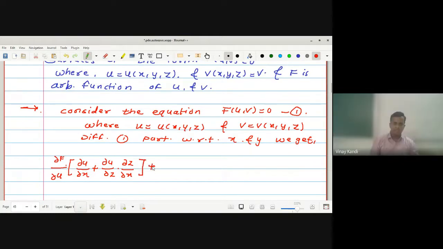Again, plus ∂f/∂v into ∂v/∂x, plus v is a function of z, and z is a function of x. So this is the partial derivative of 1 with respect to x. Any doubt up to here? What is not understood in this?